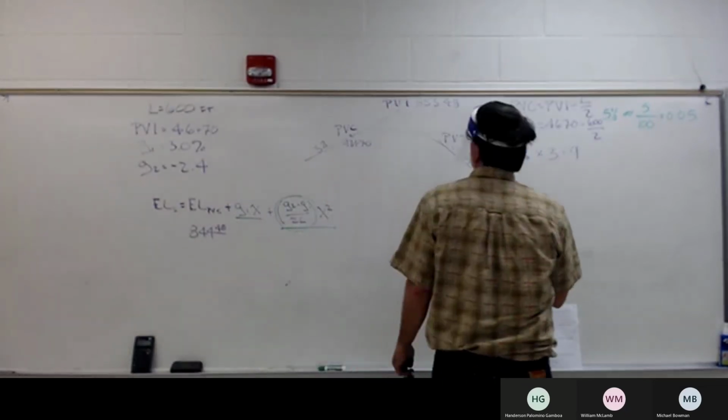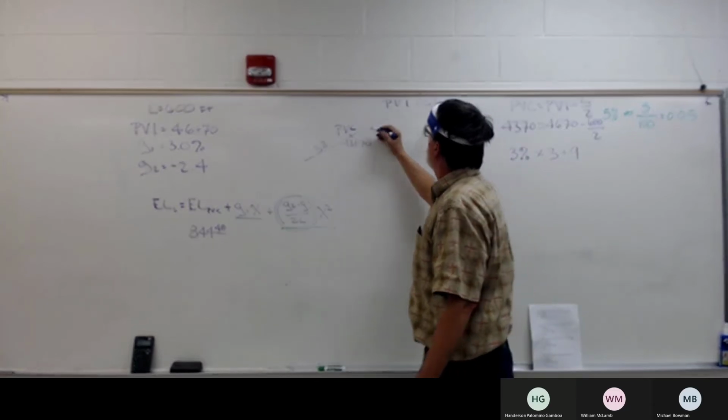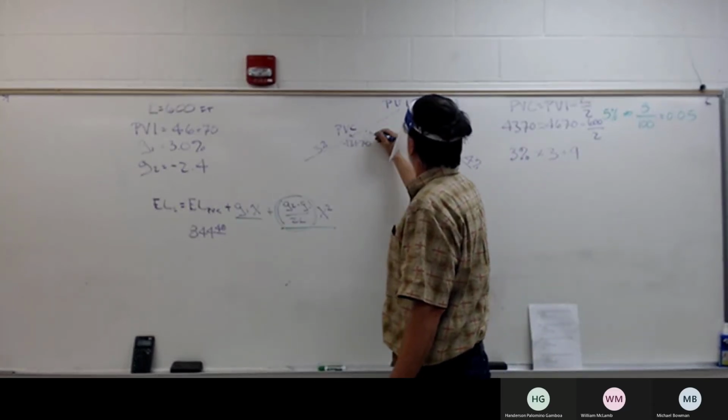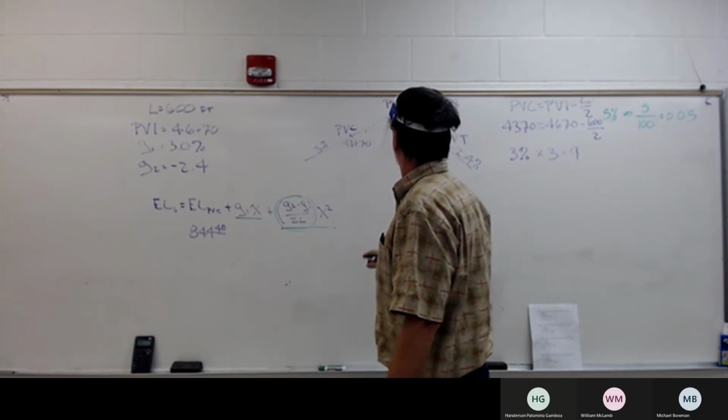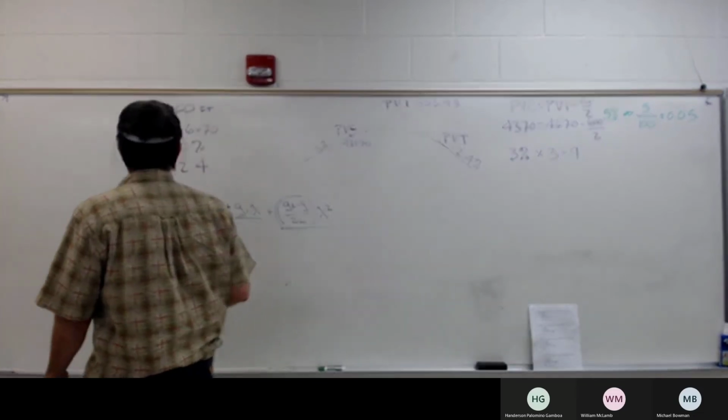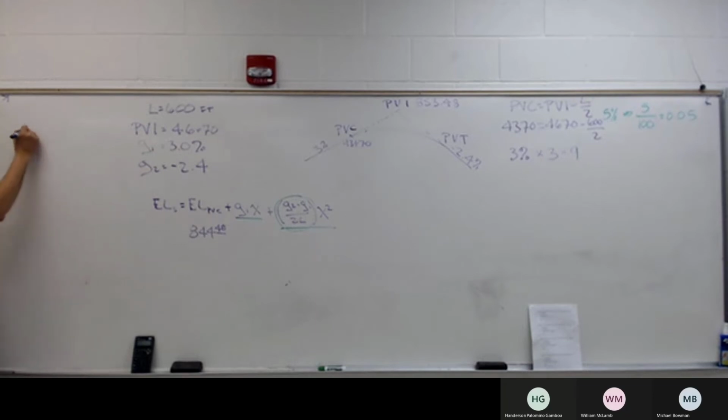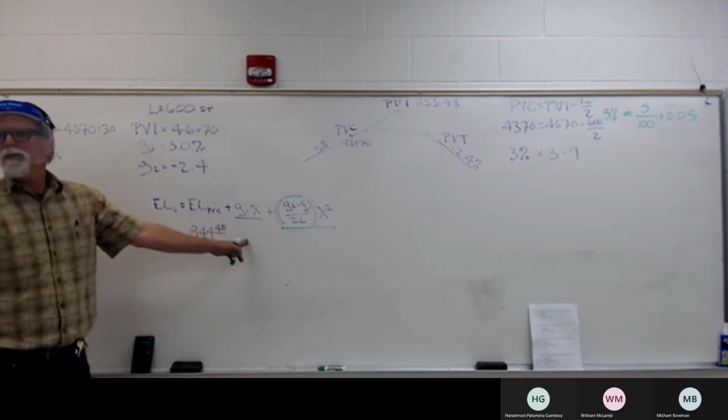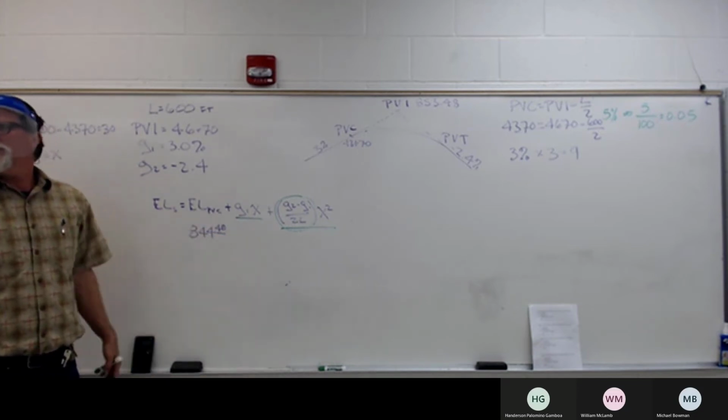Now, if I wanted to find my first full station at 4,400 minus 4,370 is 30 feet, okay? But I want that in stations. So that's going to be 30 over 100, equal to my X value that I want to plug in here.